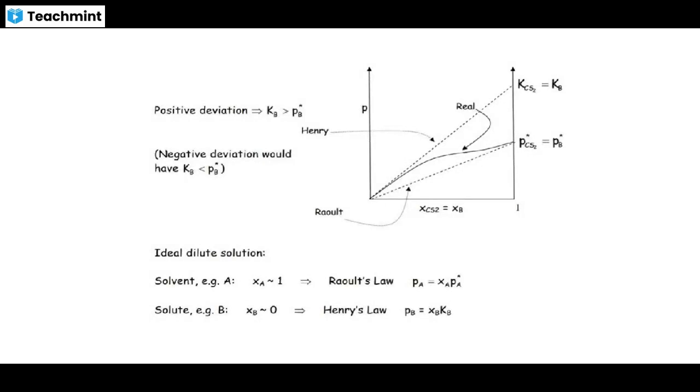Raoult's law says that at xA equal to 1, if you take the line and extrapolate it, approaching xA equal to 1 you follow Raoult's law. The dotted line extrapolates to approximately the same value here also.